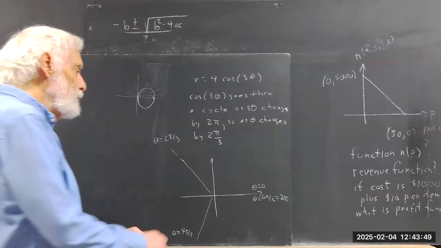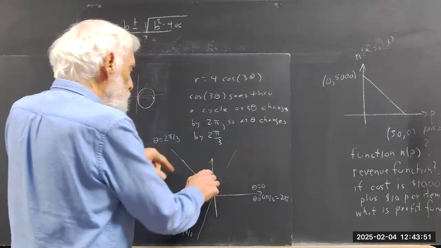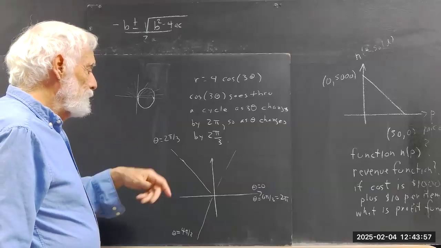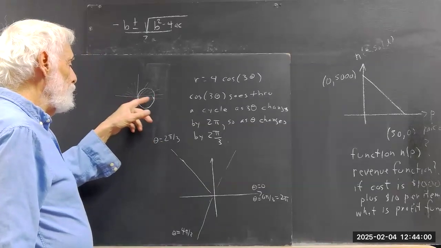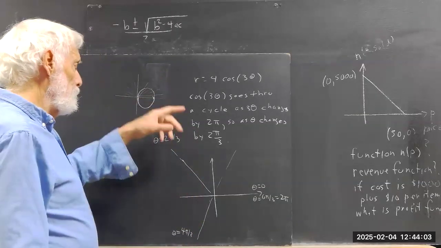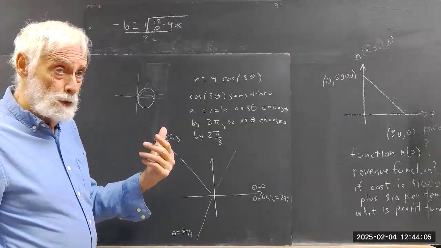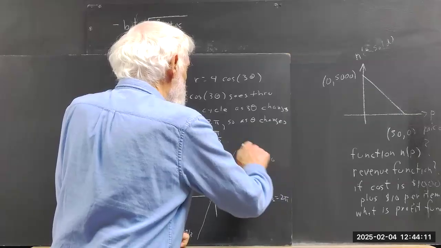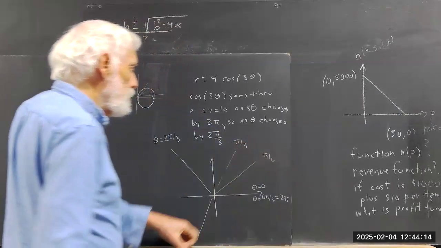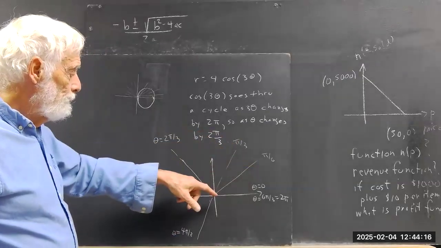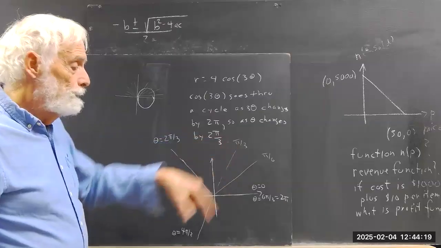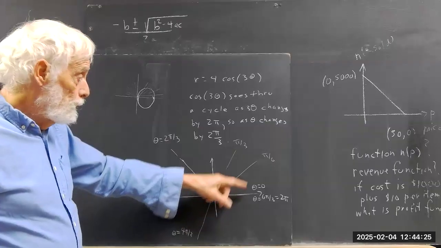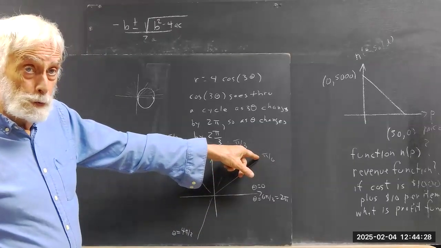3, well, as theta goes from 0 to pi over 3, halfway to 2 pi over 3, the cosine is going to go from 1 to 0 to -1. Okay? So if this is pi over 6 here, and pi over 3 here, from 0 to pi over 6, the cosine of 3 theta is going to go from the cosine of 0 to the cosine of 3 pi over 6, that's pi over 2, right?